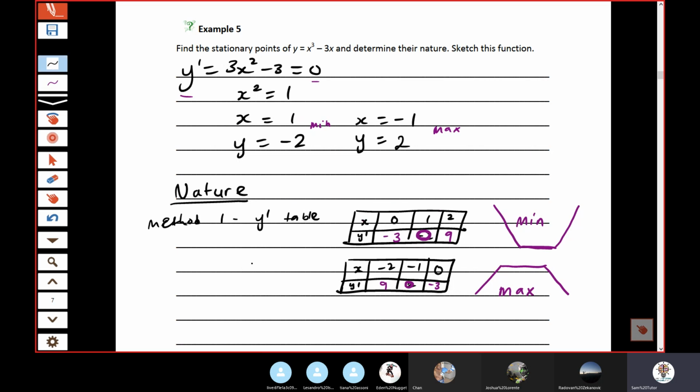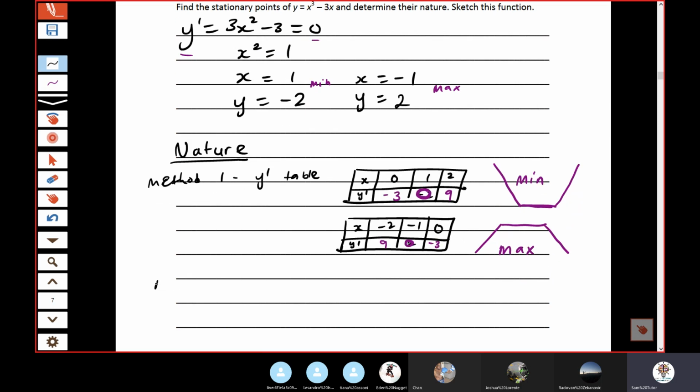That's method 1. Let's quickly look at method 2 as well. Method 2 is y double dash. If y double dash is greater than 0, we would say it's a min straight away. If y double dash is less than 0, we say it's a max. Y double dash equals, from the top, 6x.